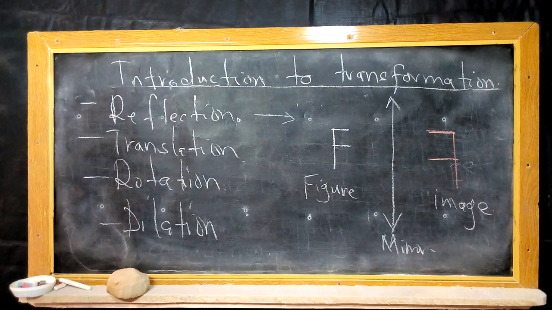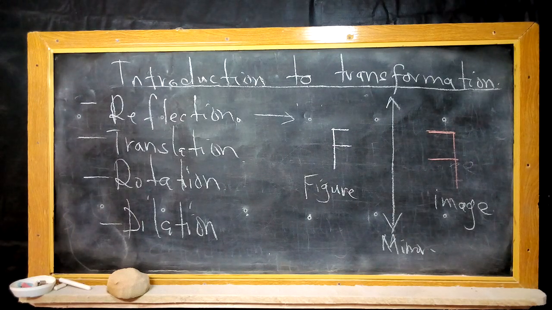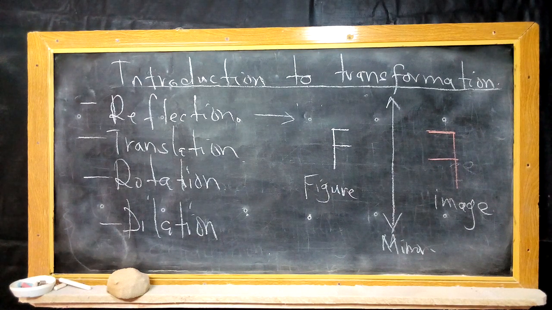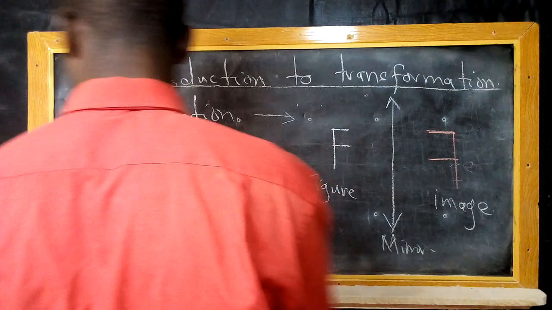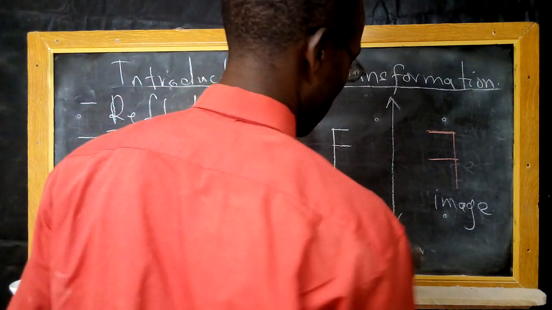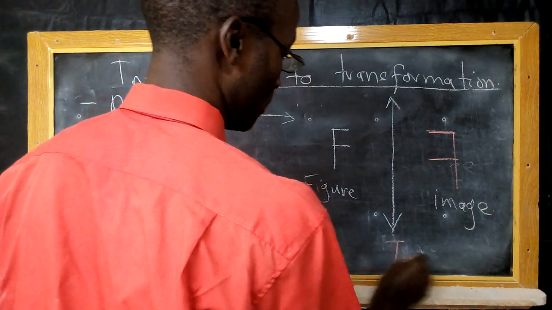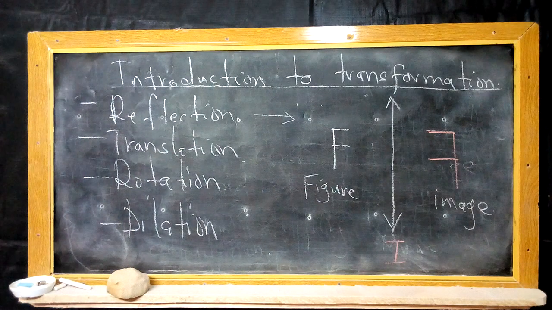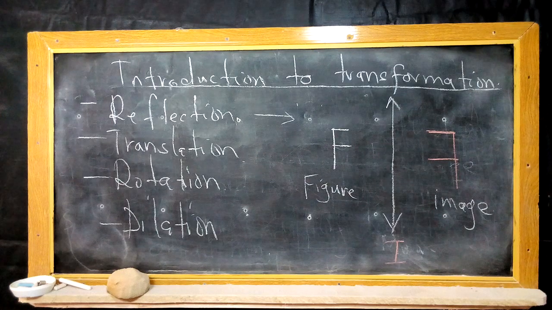Now to find the reflection of a point, let's say that this is point F, about a line, let's call this one line I, the mirror. To find a reflection of a point F about a line I, we just draw a line from the point that is perpendicular to I, and continue the same line on the other side.